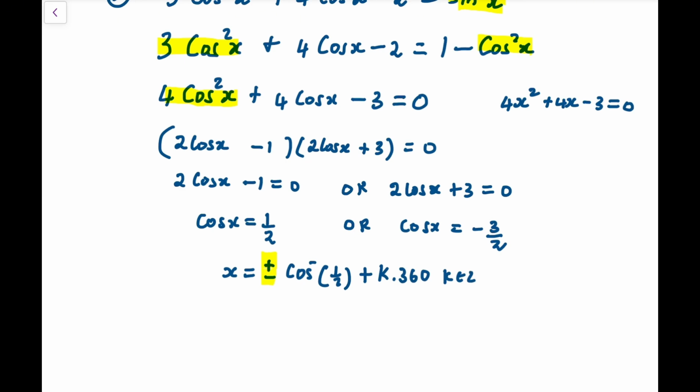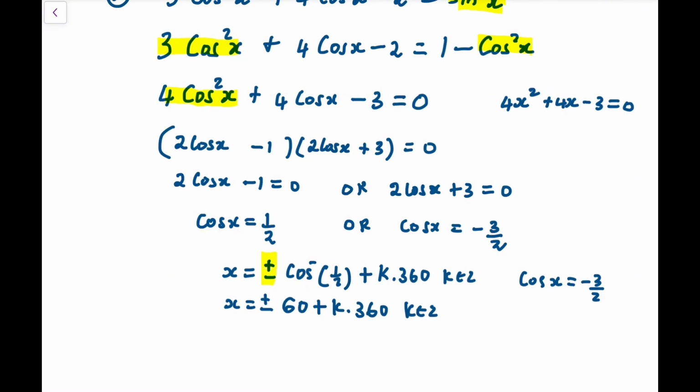Now, this is the same as x. Now, what is a cos of 1 over 2? It will be plus or minus. So a cos of 1 over 2 is the same as 60, and then plus k multiplied by 360, where k is an element of integers. Now, solution for cos x is equal to minus 3 over 2.